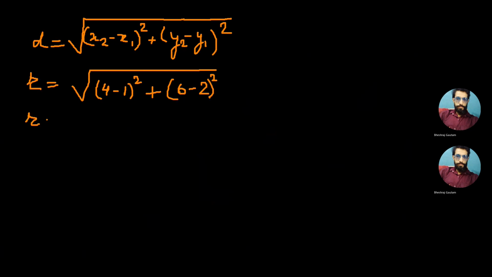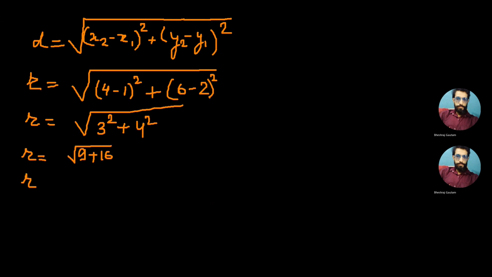Solving this, we get r is equal to square root of 4 minus 1 is 3 square plus 6 minus 2 is 4 square, and that is 9 plus 16, and that is under root r is equal to under root 25. Hence we get radius as 5 units.